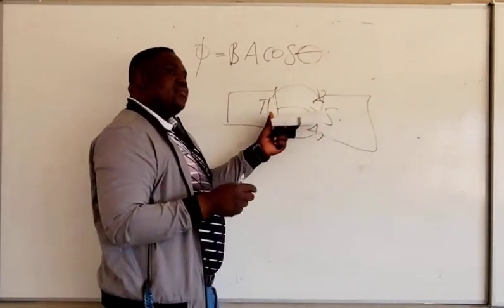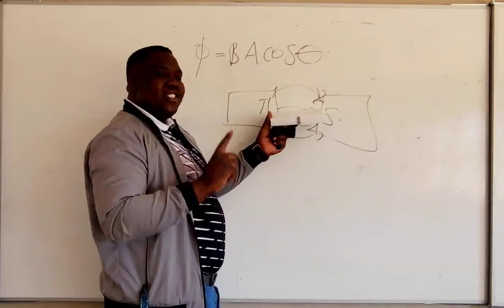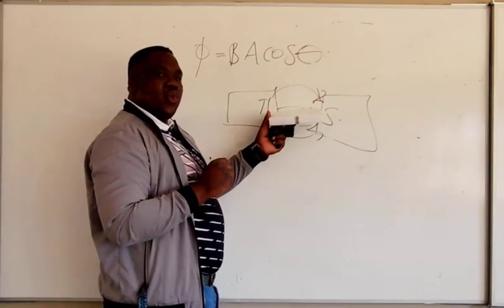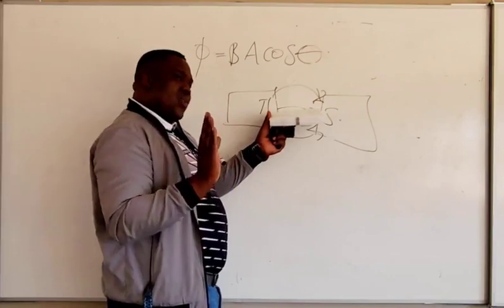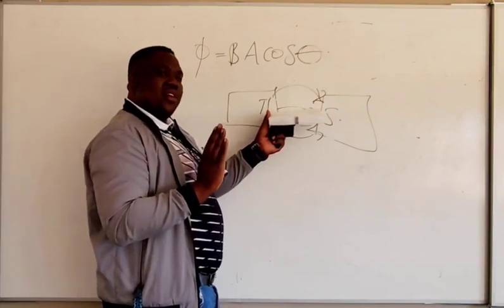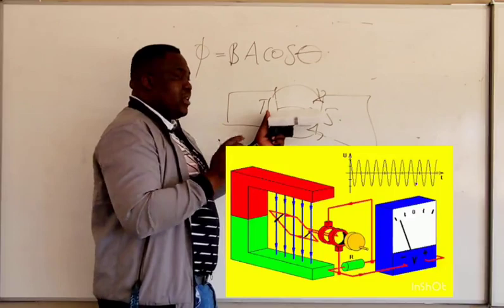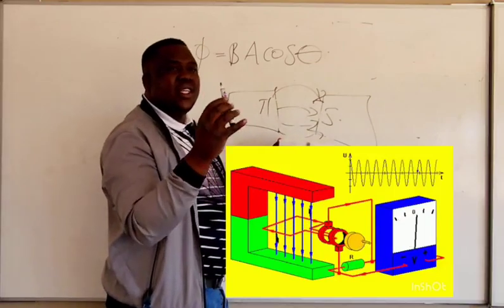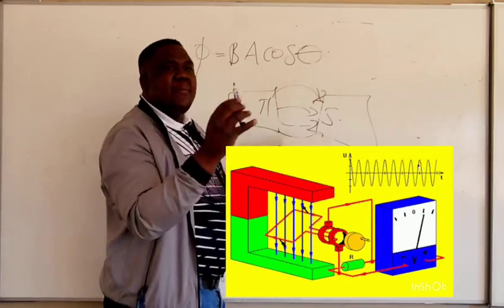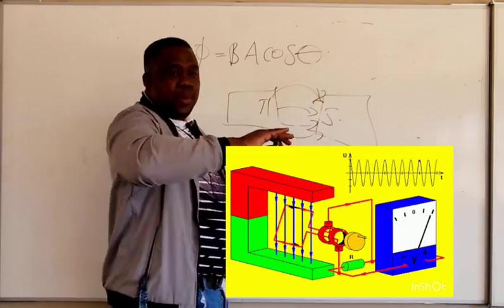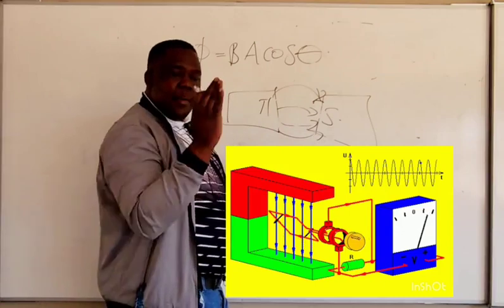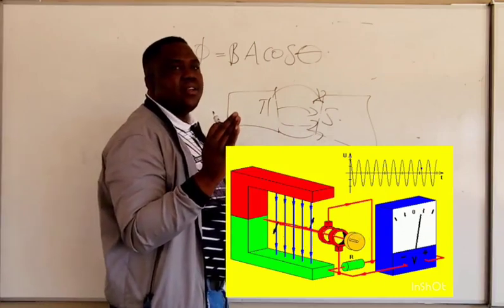Listen to this. Don't try to understand it. Just listen and follow it along, like when you are reading a cookbook. Don't try to think a lot of things about it. Just listen. I'm saying that the normal line is situated in a coil in a manner that when the coil is parallel to the magnetic field line, the normal line is perpendicular to the magnetic field line.